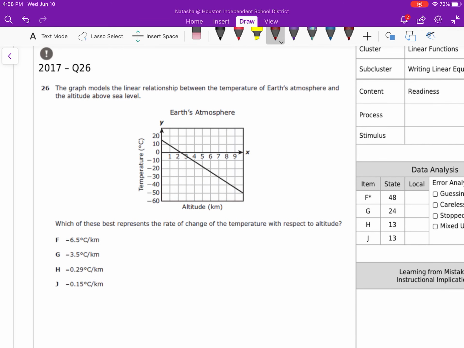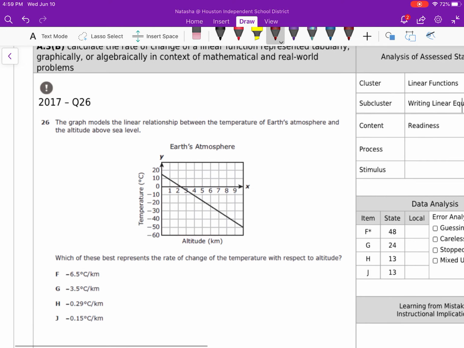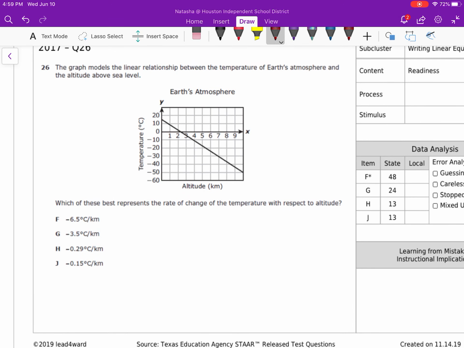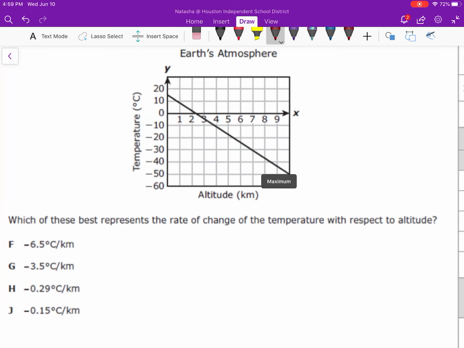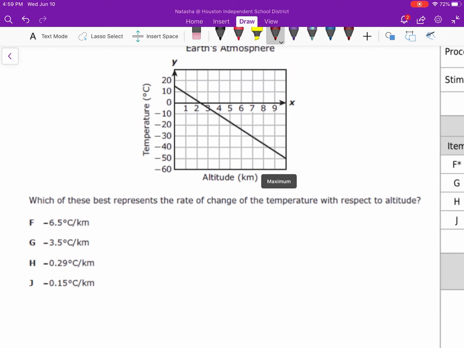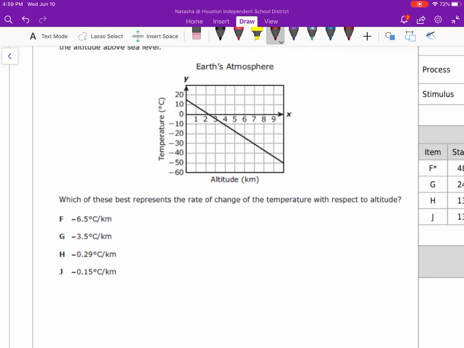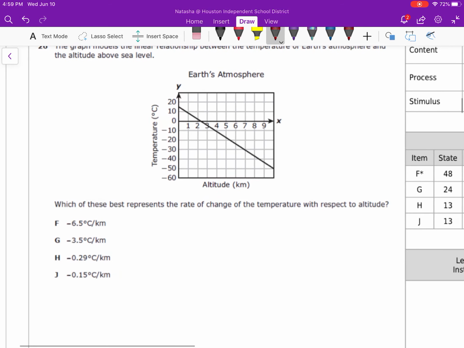All right, still doing the same thing: another slope, rate of change. We've got a temperature of the Earth's atmosphere, and we just need to do rise over run. So I'm going to pick 2 perfect points.